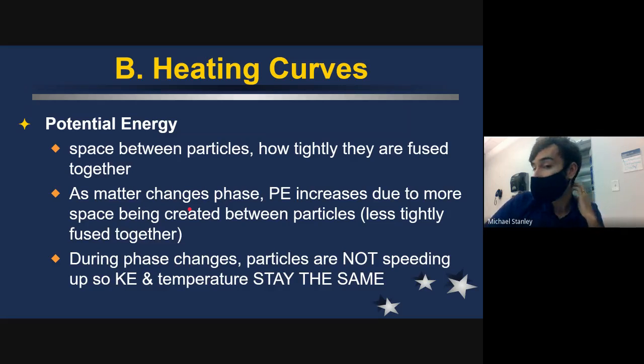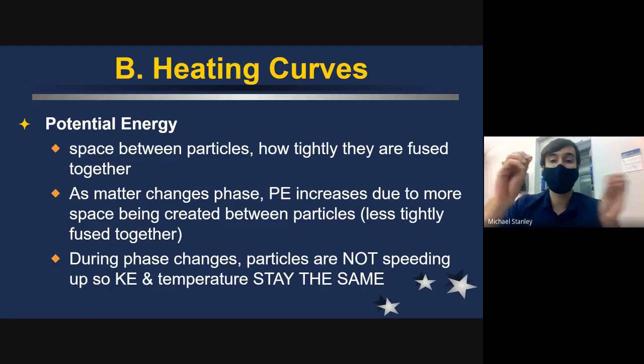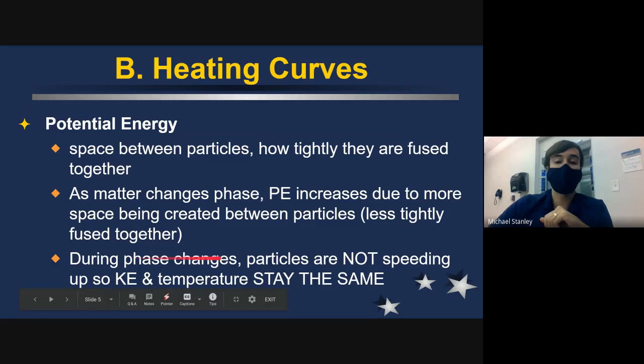What that means, though, is that as the particles are being forced to spread out, they're not speeding up and moving faster quite yet. So because they're not speeding up, that means that our kinetic energy is not changing, which means that our temperature is not changing either. Our temperature is staying the same.